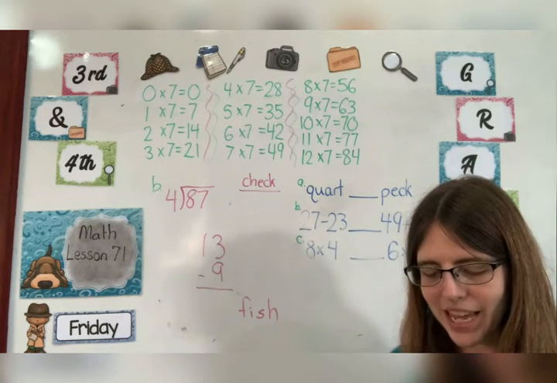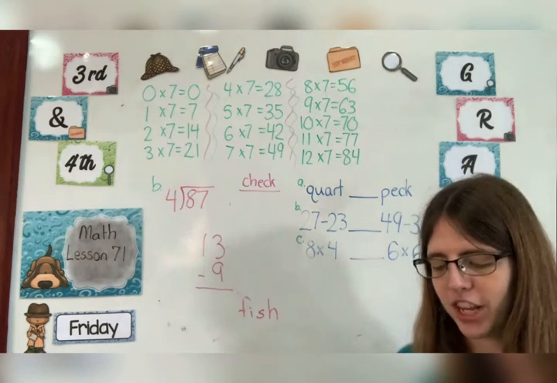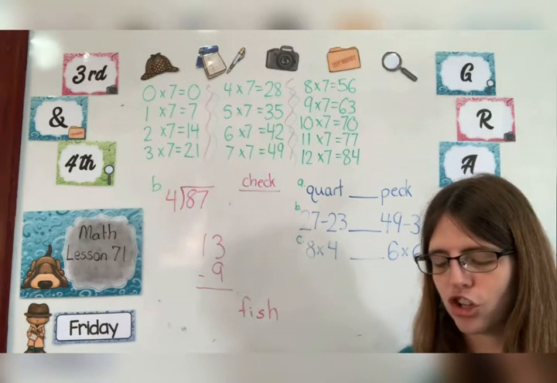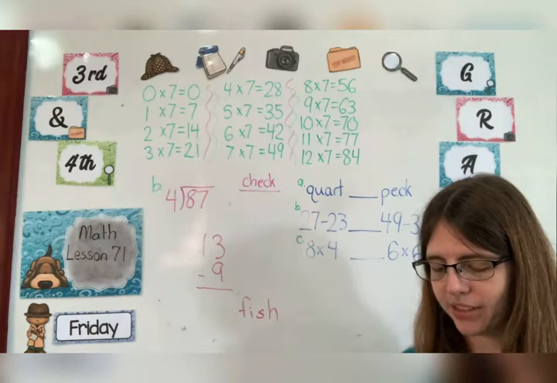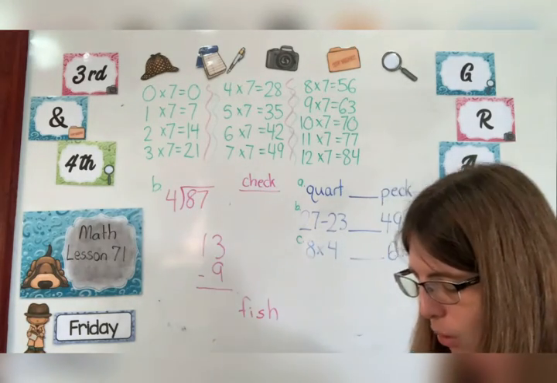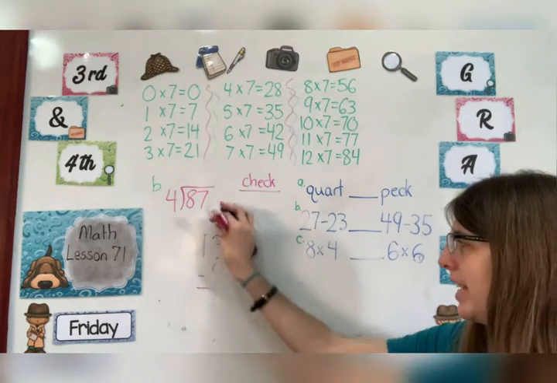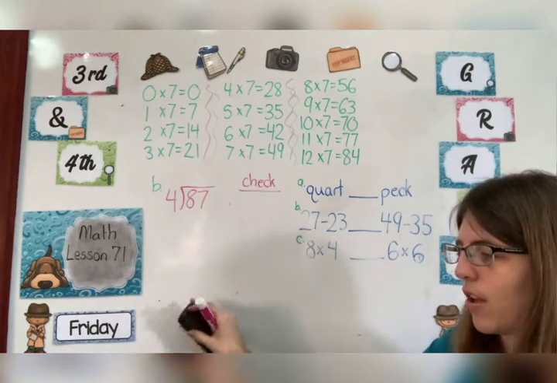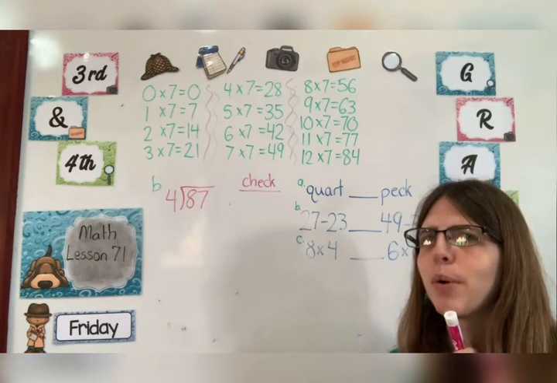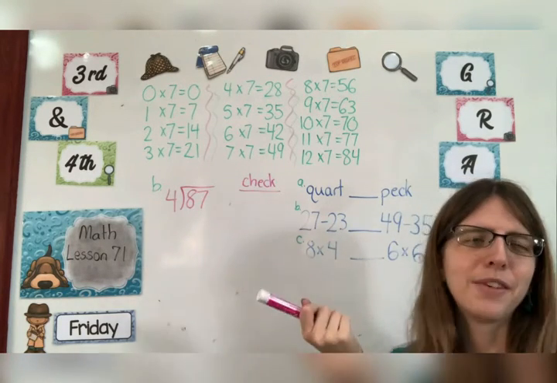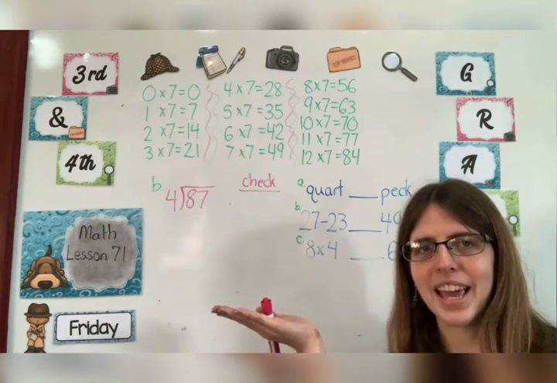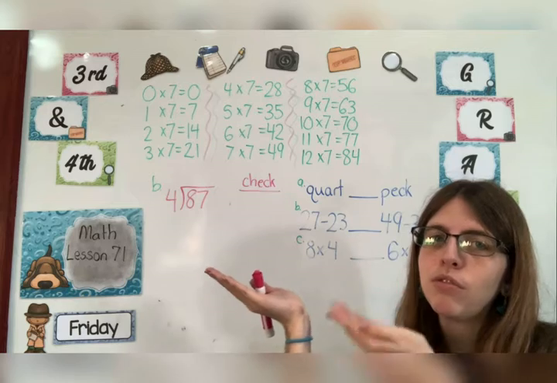All right, letter B. Before they went fishing, Joshua and his dad ate pancakes for breakfast. Joshua ate 7 pancakes. His dad ate 4 pancakes. How many more pancakes did Joshua eat than his dad? Ooh, so Joshua ate more pancakes. Maybe that means if you eat more in the morning, you catch less fish. I don't know. So Joshua ate 7 pancakes. His dad only ate 4.